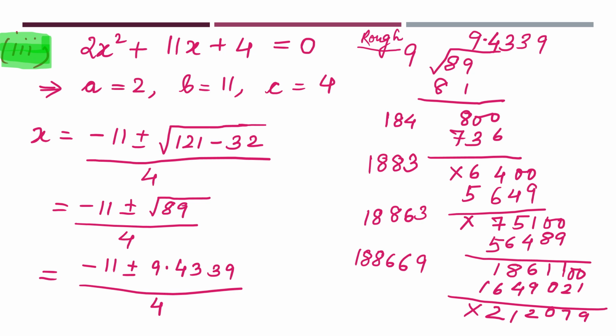That is, x is equal to minus 11 plus minus, the value of root 89 is 9.4339, upon 4.